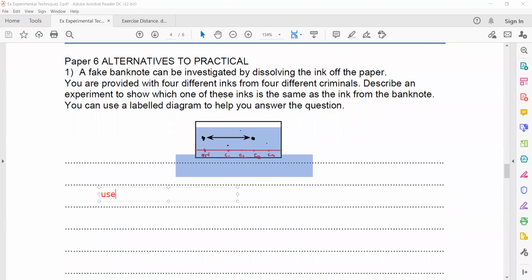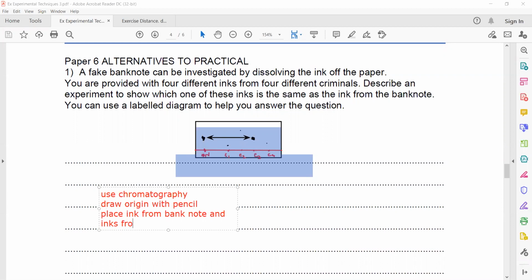first we will use chromatography, and then we will draw the origin with pencil. Then we will place ink from the banknote and inks from different criminals. And then we will use a suitable solvent here, like you can mention water.